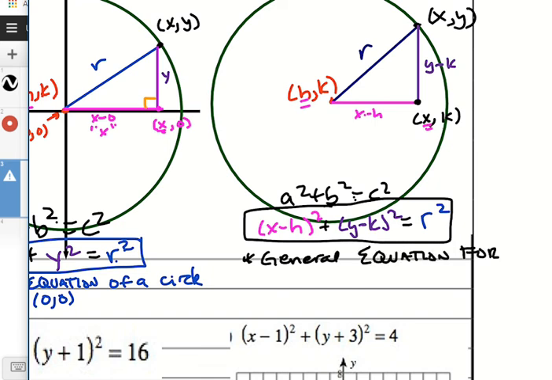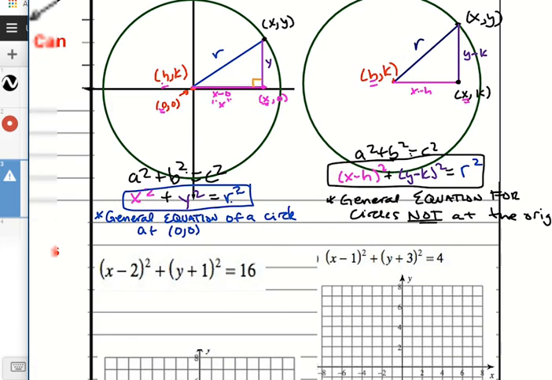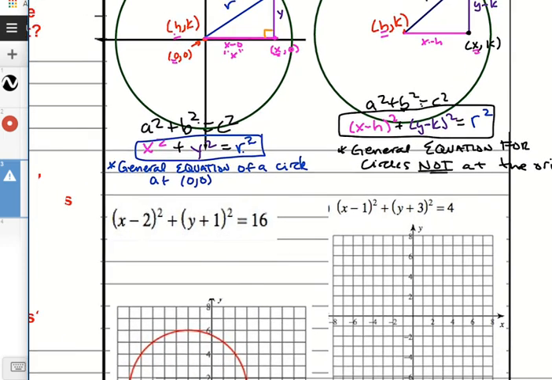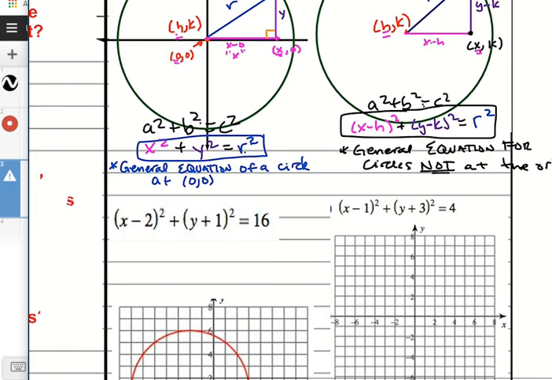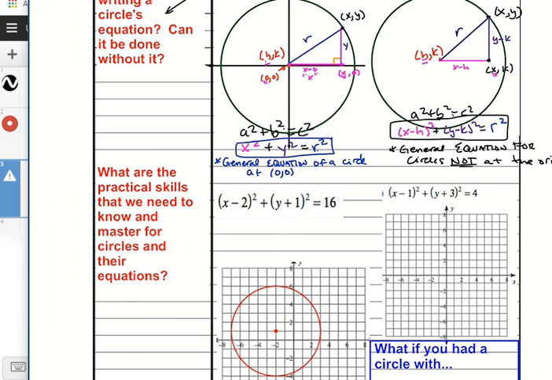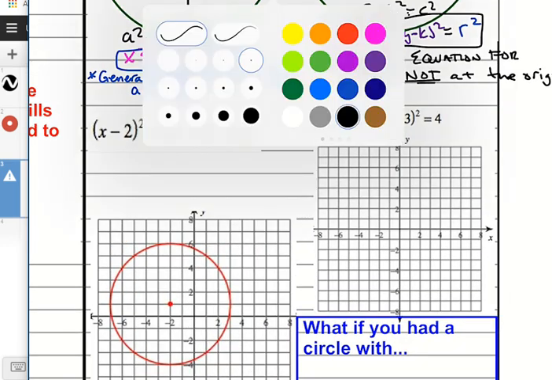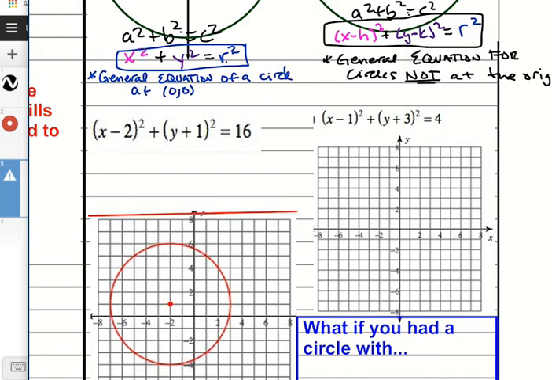Cool. All right. Having said all that, let's actually put this to work. Here are 4 examples. I had to squish them in here to get them all to fit, but these are 4 distinct examples where I want you to find something having to do with a circle. The first thing is I want you to find the critical info.